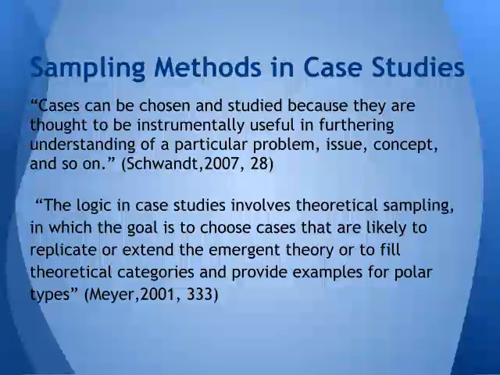Sampling methods in case studies. Cases can be chosen and studied because they are thought to be instrumentally useful in furthering understanding of a particular problem, issue, concept, etc. The logic in case studies involves theoretical sampling, in which the goal is to choose cases that are likely to replicate or extend the emergent theory, or to fill theoretical categories and provide examples for popular types.